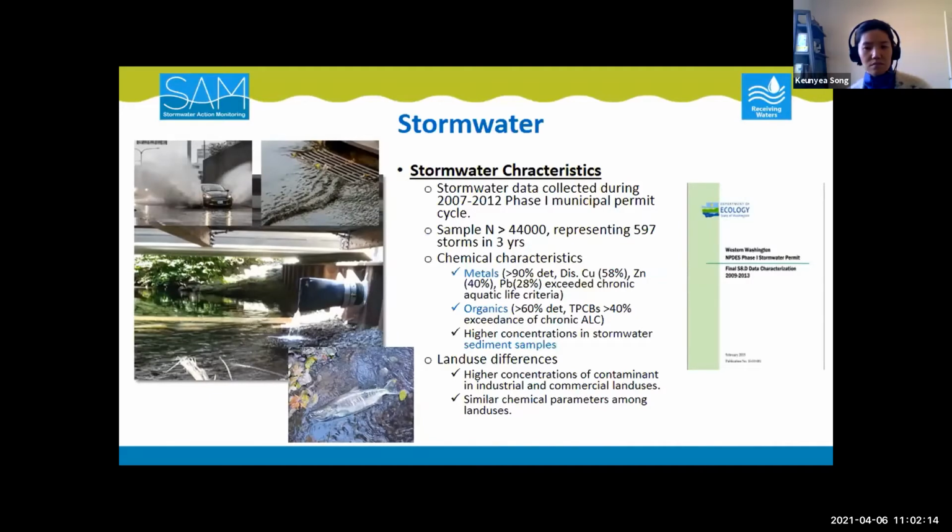The data shows that many metals and organics were frequently detected in stormwater samples collected from the discharge point. And some of them even exceeded chronic aquatic life criteria, including total PCBs.